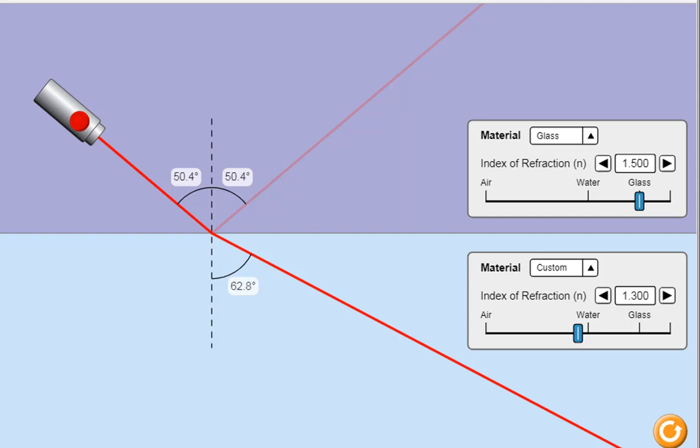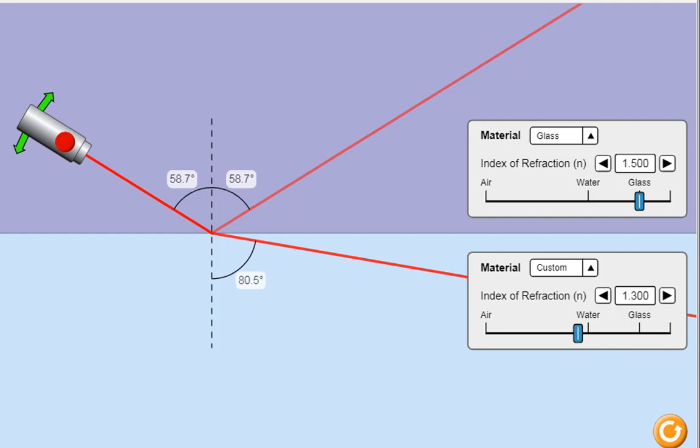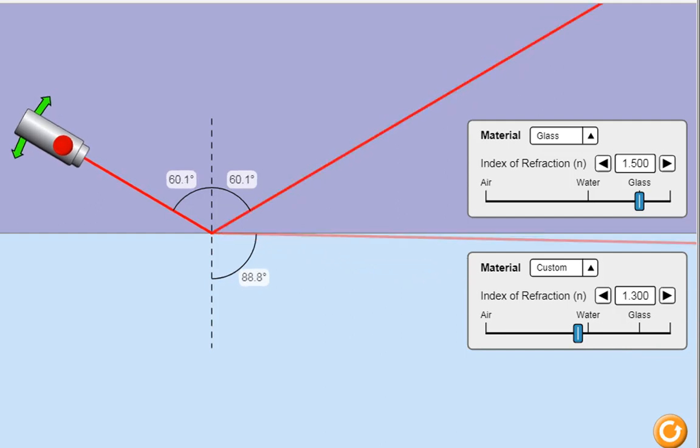We're getting both refraction and reflection. We need to increase the angle. As we do so, the angle of refraction nears 90. If we can get it exactly at 90, we're nearly there. Perhaps that's right. At the instant that we get total internal reflection, the minimum angle for which we get total internal reflection, we can take that as being the critical angle, 60,2 degrees.